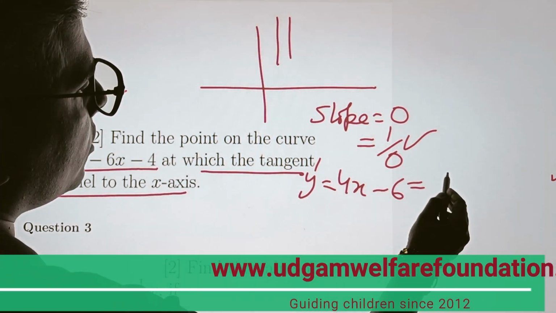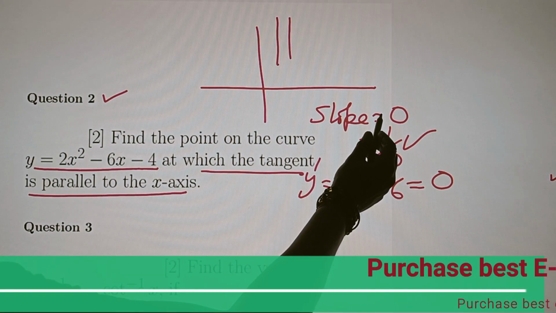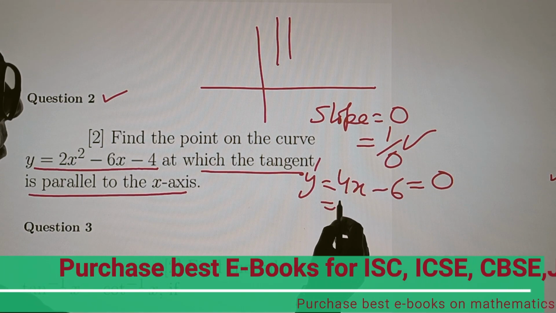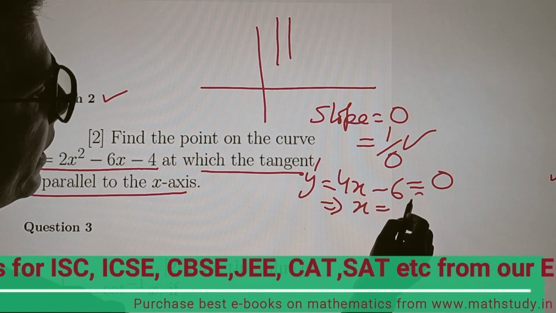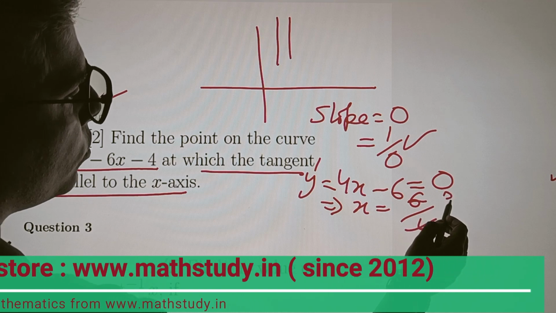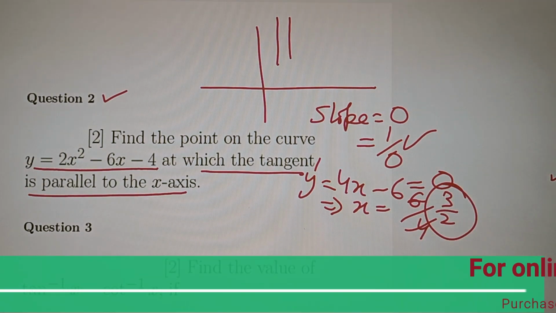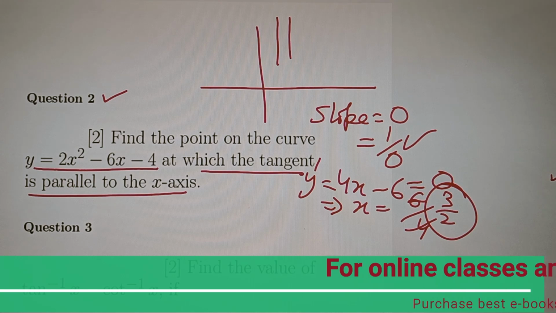That means this is equal to 0, as we have discussed, the slope is 0 when it is parallel to the x-axis. So from here we can easily find the value of x, which is 3 by 2.